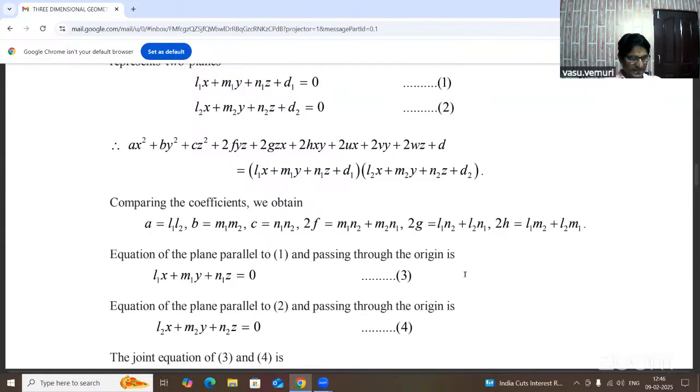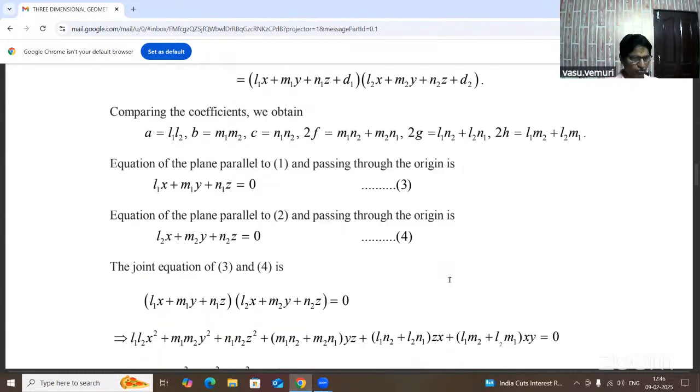So the equation of the plane parallel to the first plane and passing through the origin is l1x + m1y + n1z = 0. And again, the plane parallel to the second plane and passing through the origin is l2x + m2y + n2z = 0. So the joint equation of the third and fourth equations combined is also equal to 0.